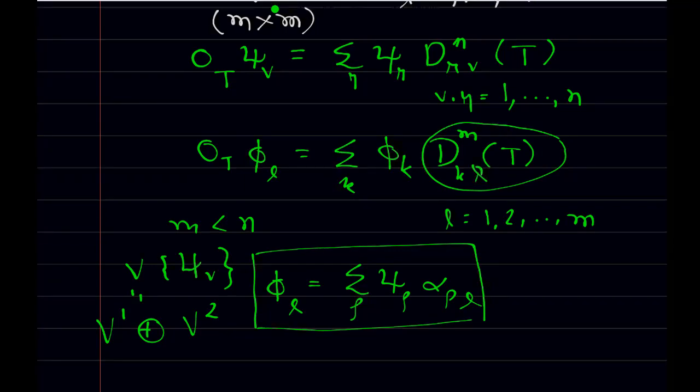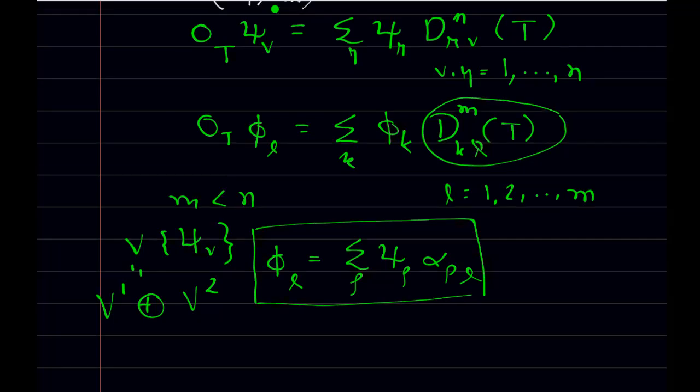That means phi of L is not only a basis set, but it is also a vector in V1.